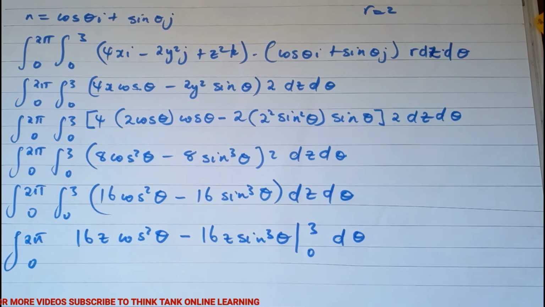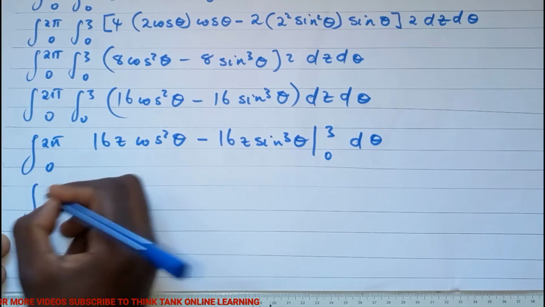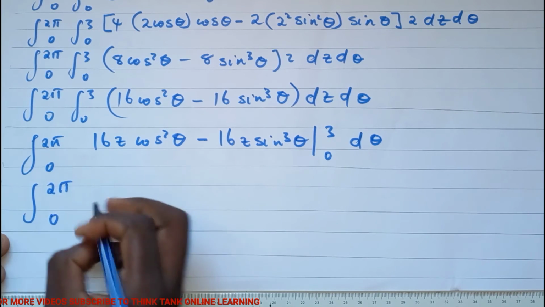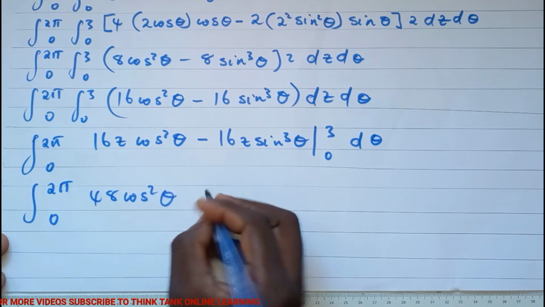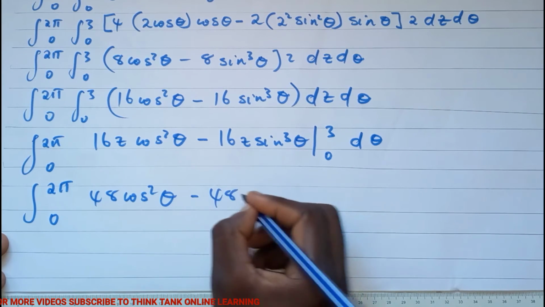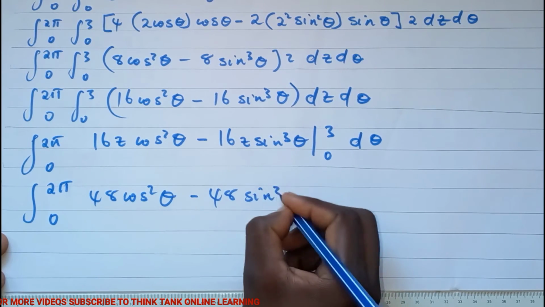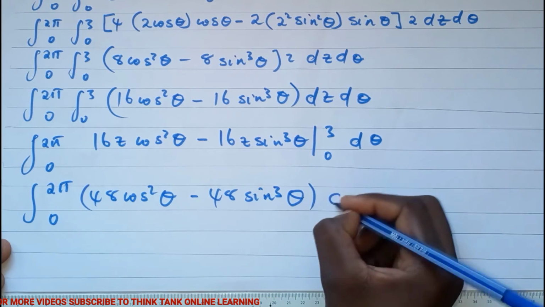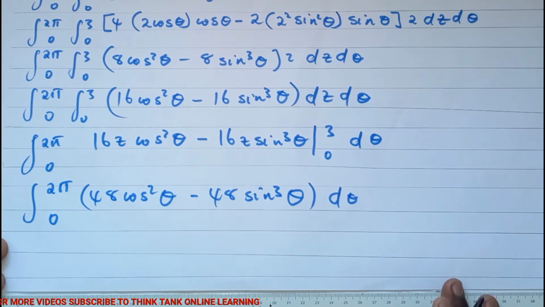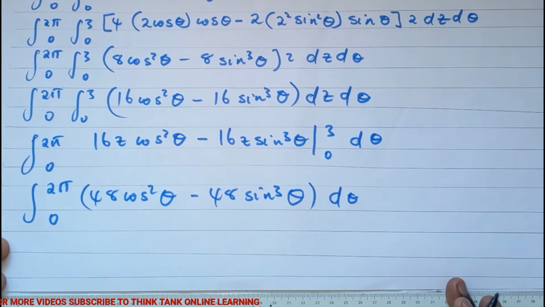If we say 16 times 3, that is equal to 48. So we have 48 cos squared theta minus 48 sine cubed theta d theta. Now I want to integrate with respect to theta.